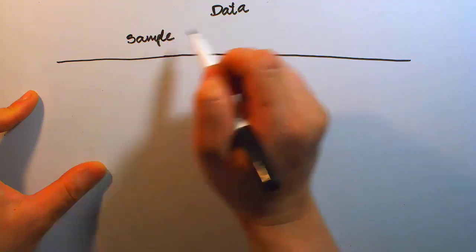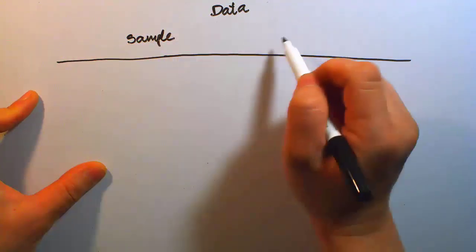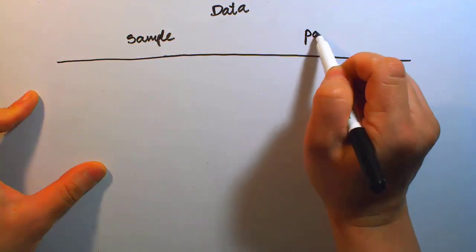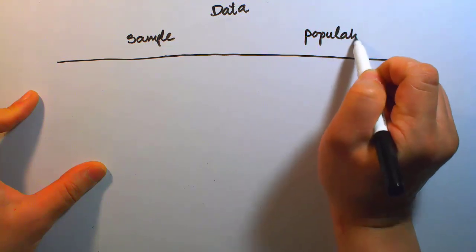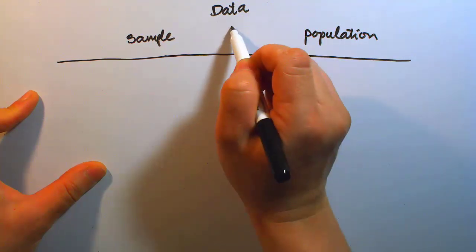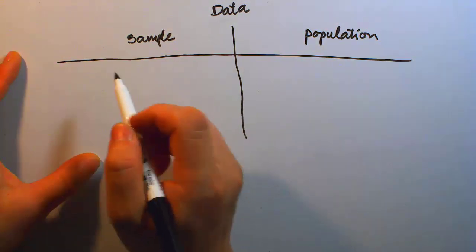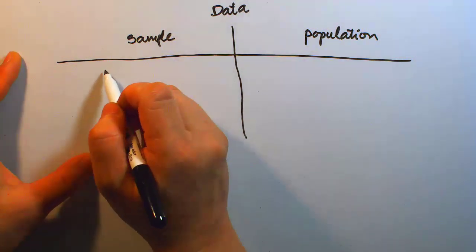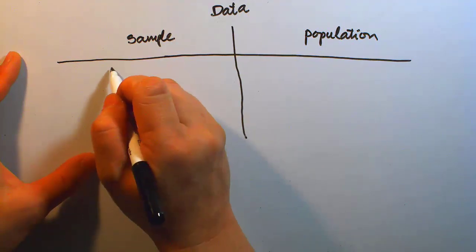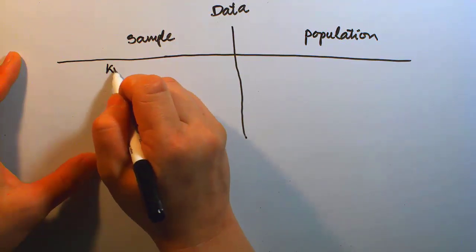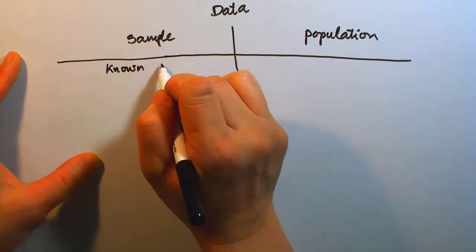Our data could be either sample data or population data. Sample data is something small with the N count. That's what we know as a sample, just like what we learned moments ago. For sample data, we have a known N count.